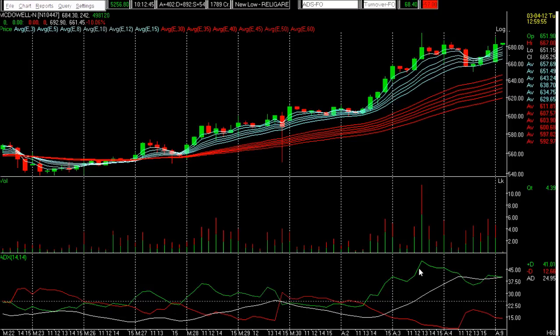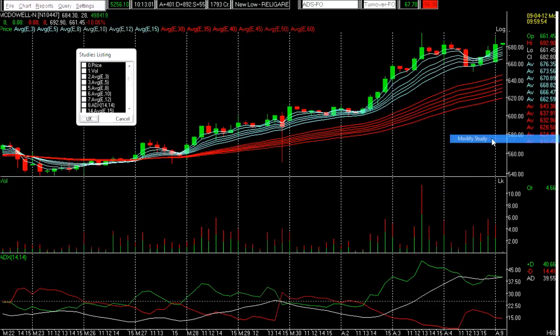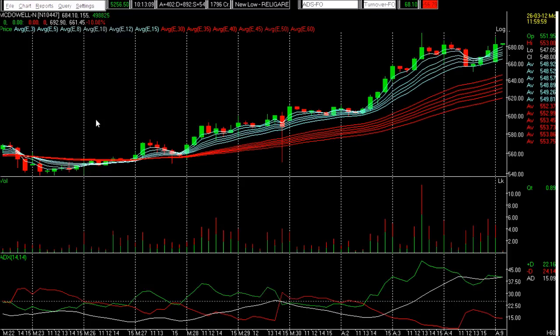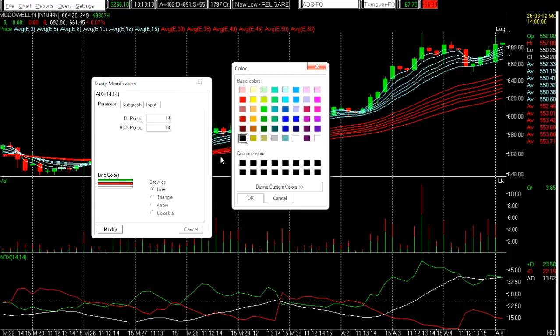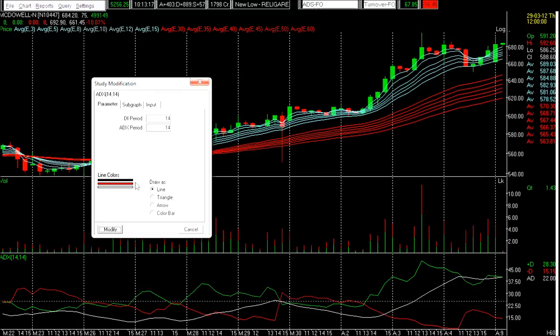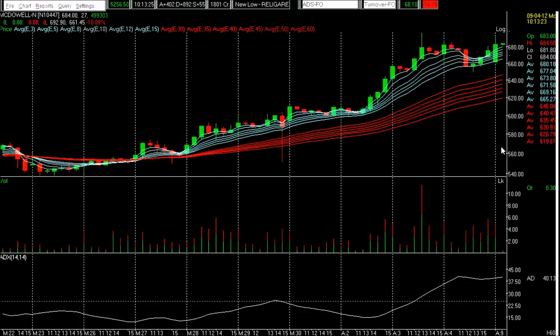But in my trading setup, I will simply ignore this green and red line. So let me just first remove these two lines. I'm changing the color to black. Okay, now the lines are gone.